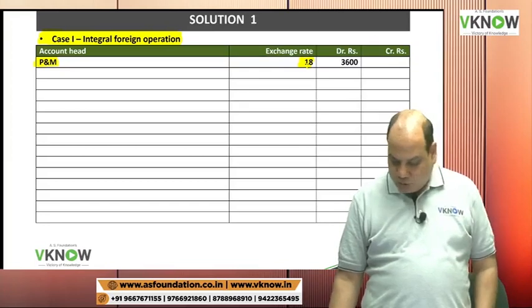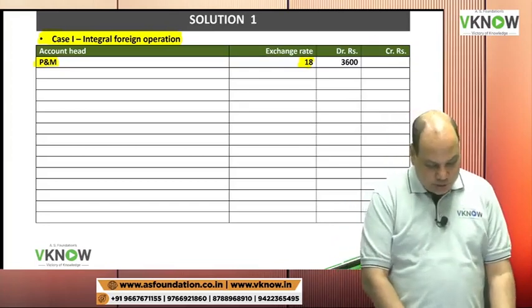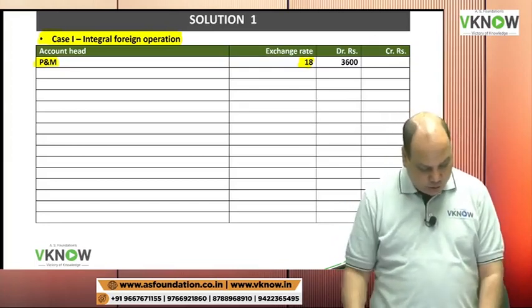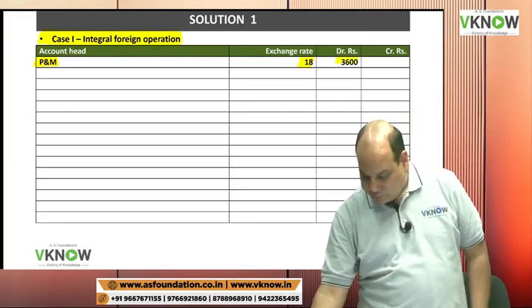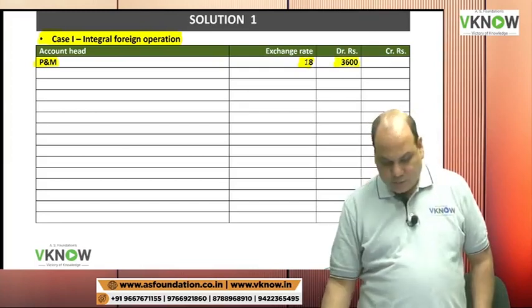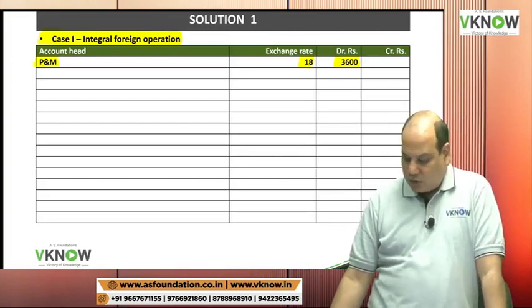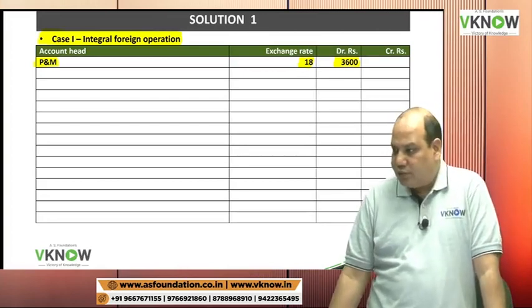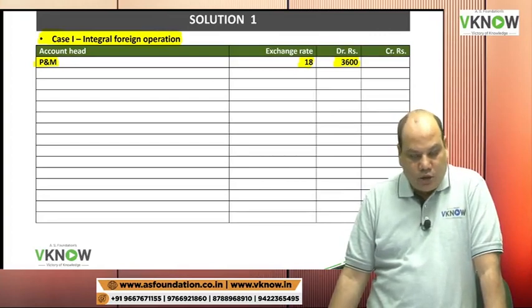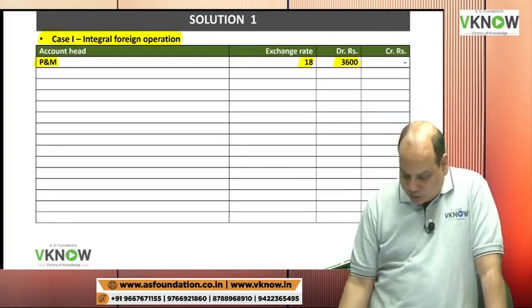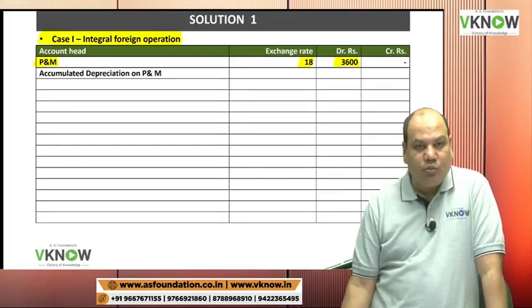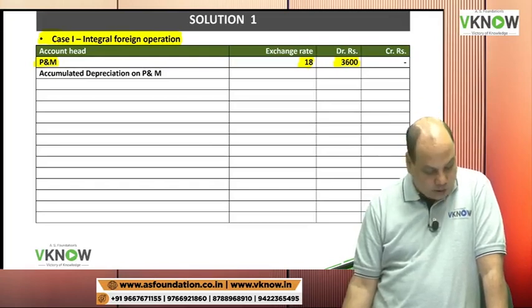So the student will take the value given in Australian dollars and multiply by 18. 18 into 200 is 3,600. And then accumulated depreciation on plant.